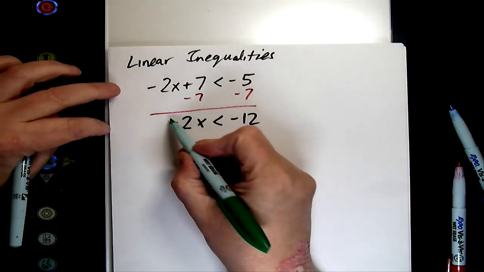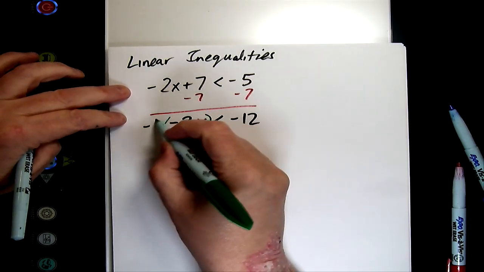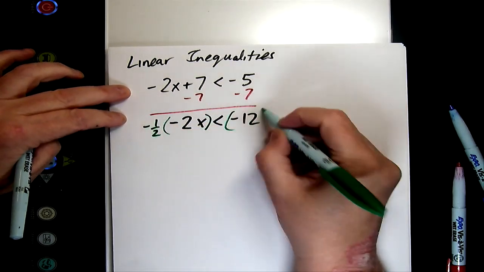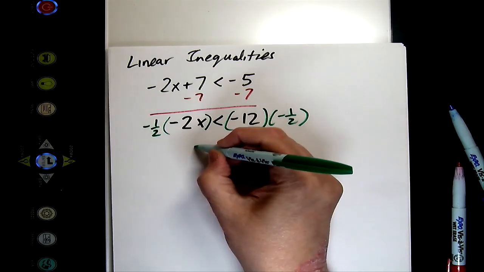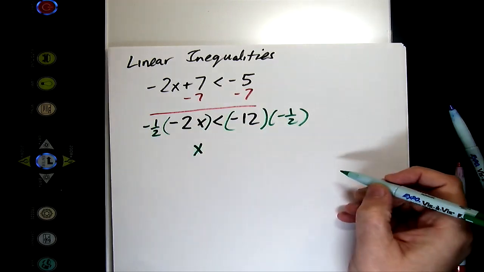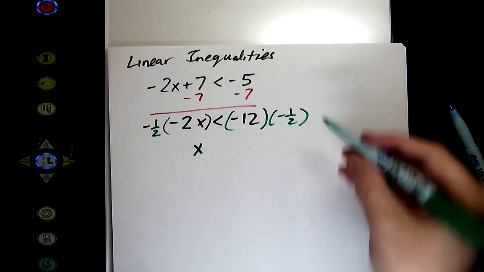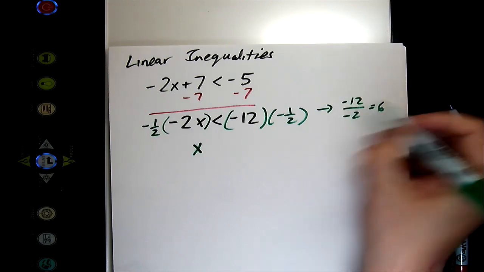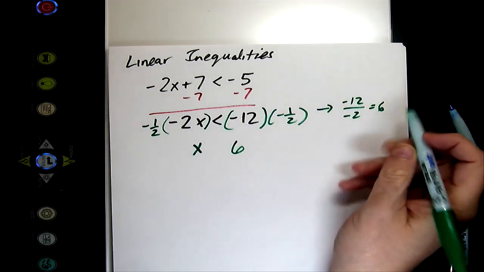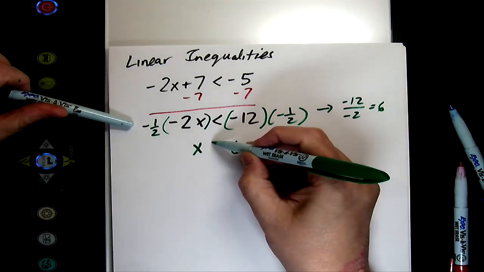I could divide by negative 2, or I could multiply by negative 1/2. I'm going to multiply by negative 1/2. Does the same thing. Cancels out that stuff over there. Over here, I've got negative 12 over negative 2, which is 6. Since I multiplied by a negative, the inequality flips.